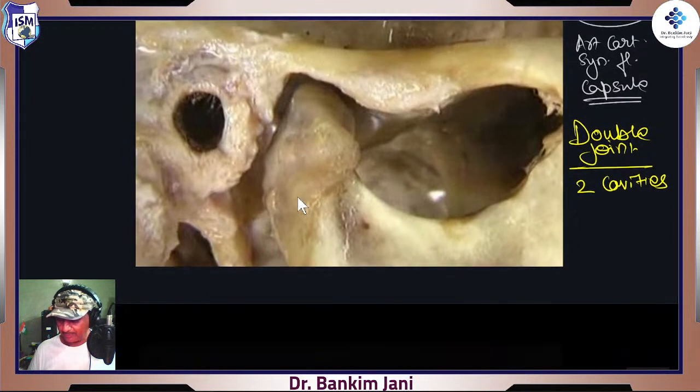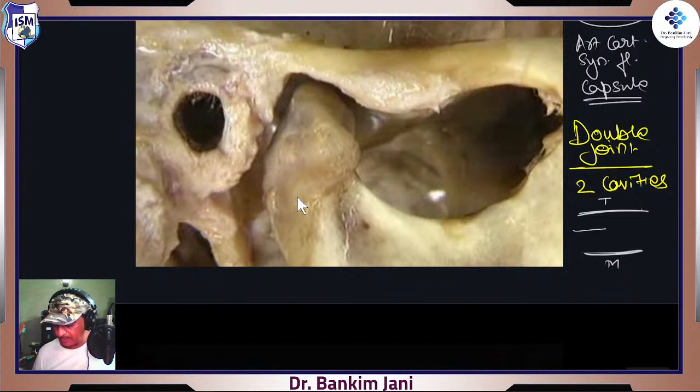And those two cavities would be formed by the articular disc. So there would be one articular cartilage here, and one articular cartilage here. Obviously, this would be in the temporal bone, and this would be the mandible part. And in between, there would be the articular disc.